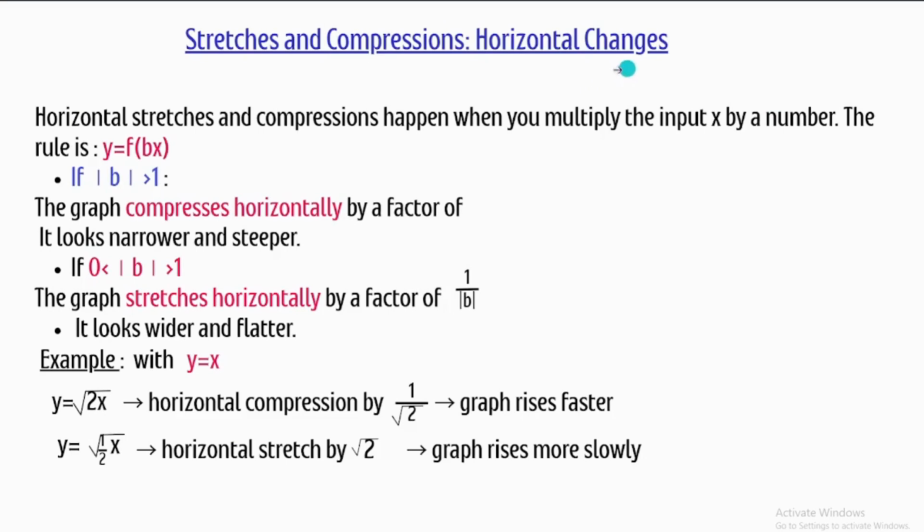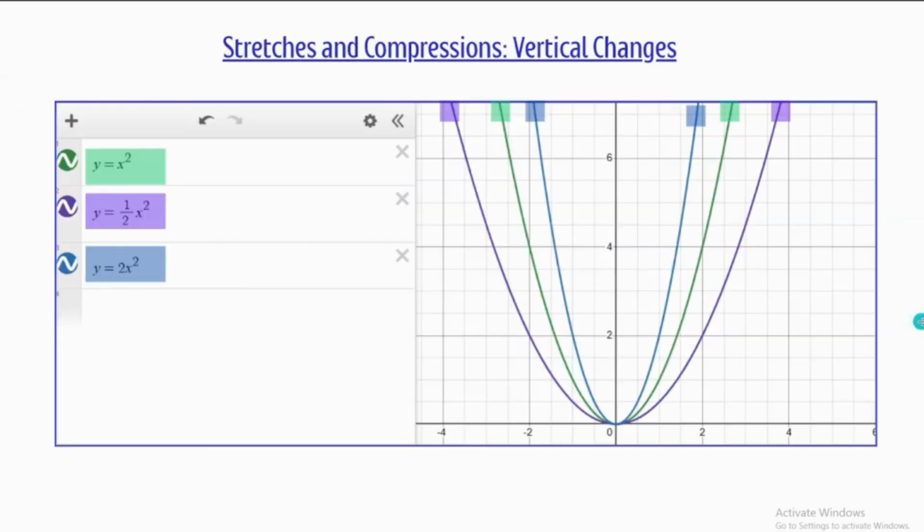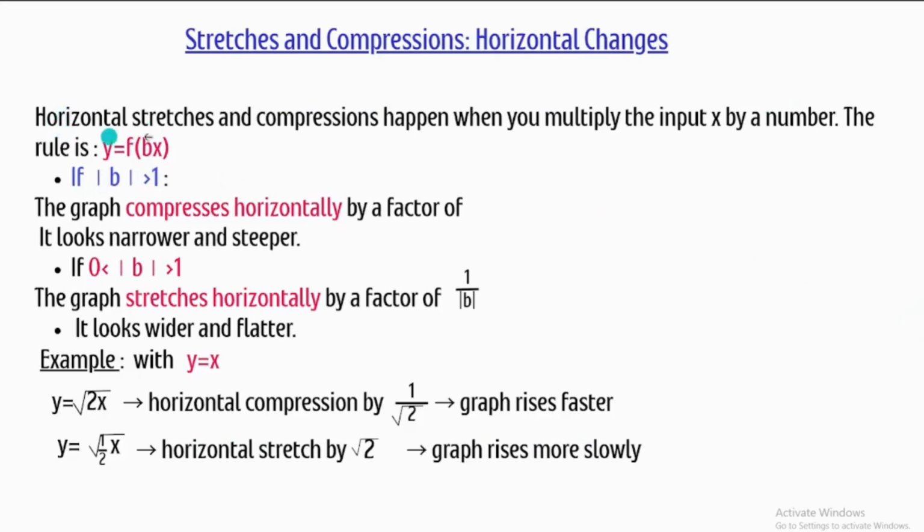Stretching and compression, horizontal changes. As we saw, we multiply a outside the function. Here, horizontal stretch and compression happen when you multiply the input x by a number. The rule is y equals f(bx), we multiply b inside the function. If absolute b is greater than 1, the graph compresses horizontally by a factor.